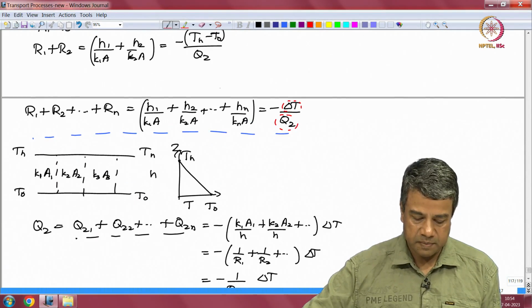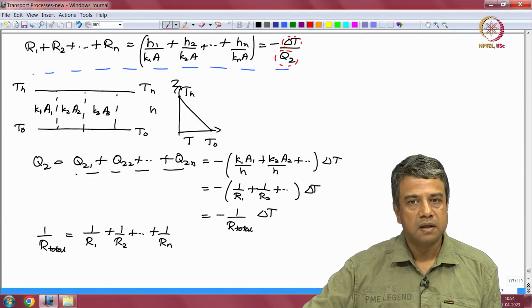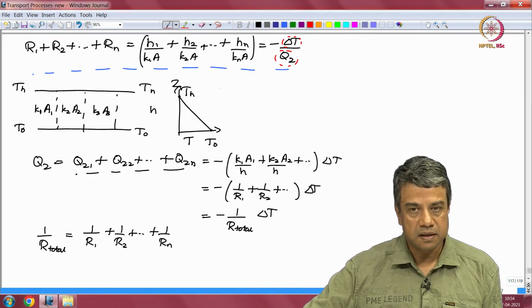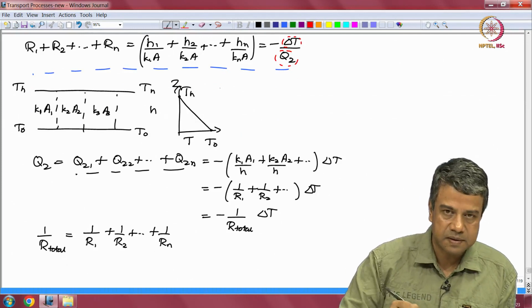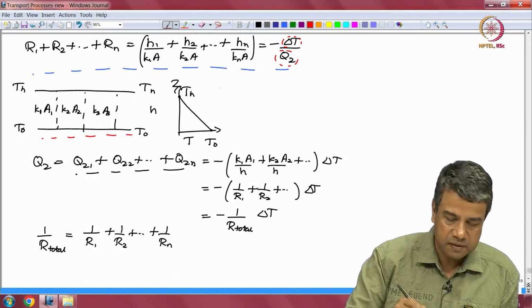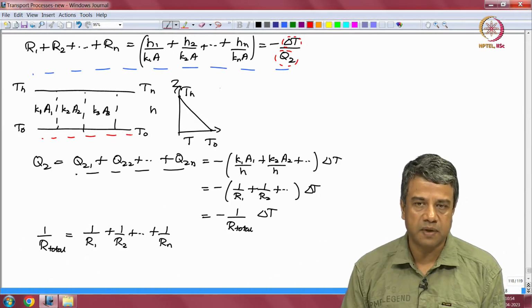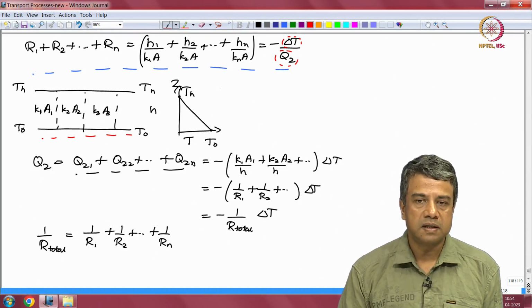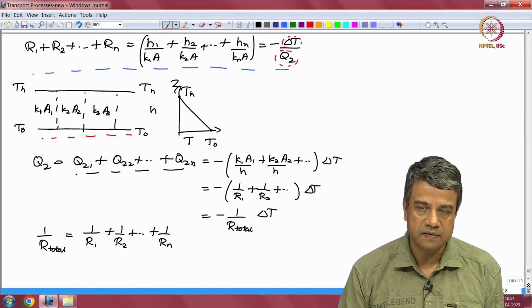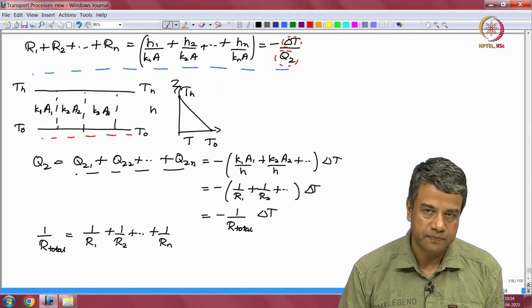In the alternate parallel configuration, the current is the sum of the currents. You have different pathways, different slabs. In this case, you have different slabs which provide different pathways for heat transfer. The total heat transfer rate is the sum of the heat transfer rates in each individual slab.